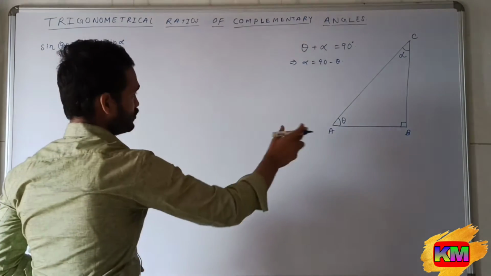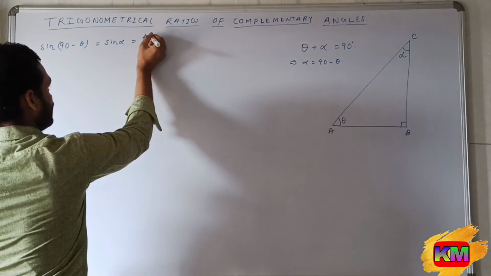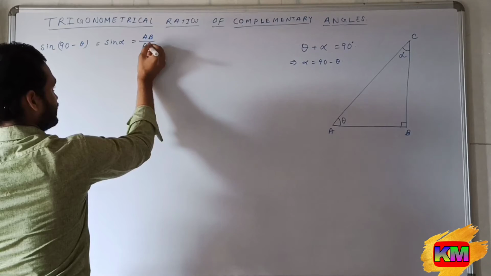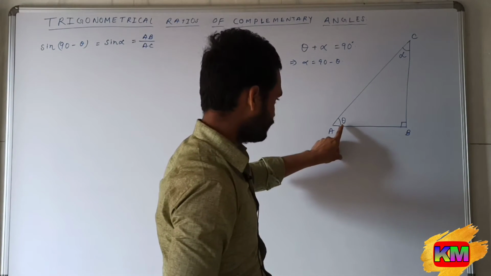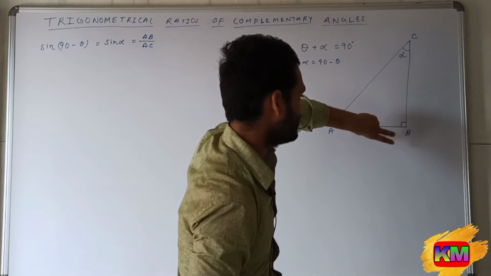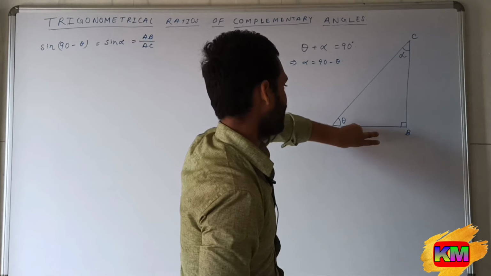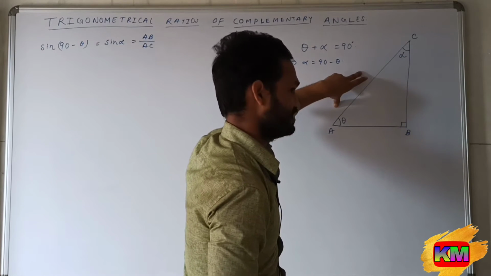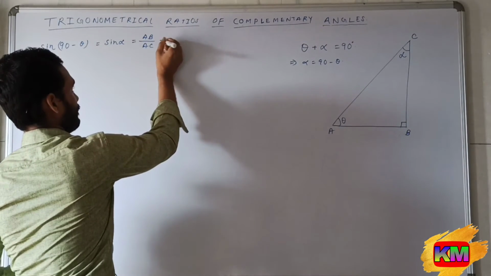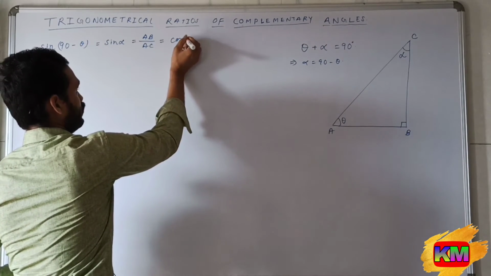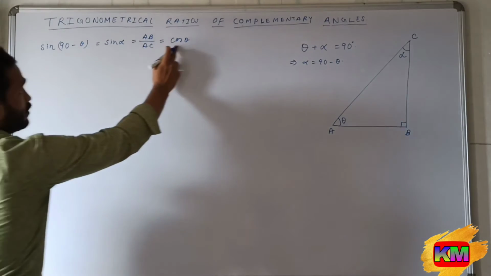So sine alpha equals AB divided by AC. Now if we see for the angle theta, then AB is base and AC is hypotenuse. So AB, base divided by hypotenuse, is equal to cos theta. So sine 90 minus theta equals cos theta.